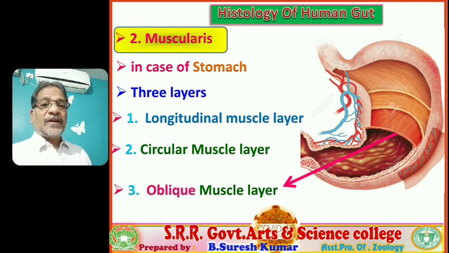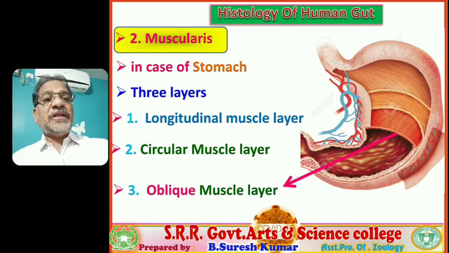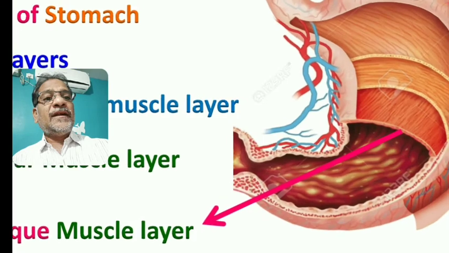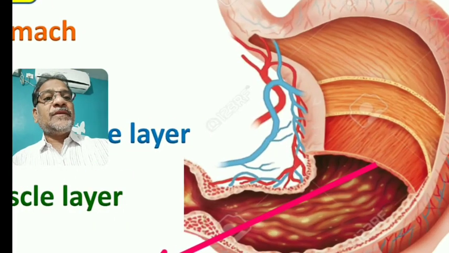So the third layer we find in the stomach is the oblique muscle layer in the muscularis. It is absent in other parts like the small intestine and large intestine, but in the stomach, one more third layer, the oblique muscle layer, is present.